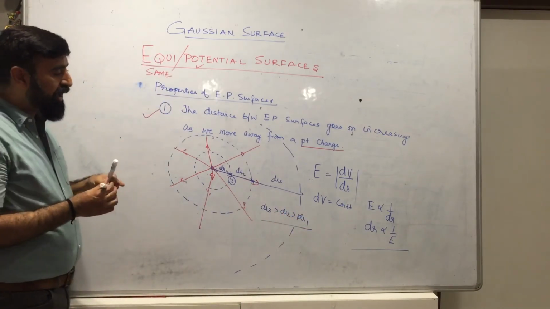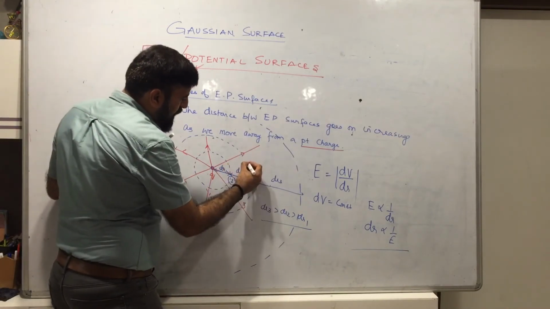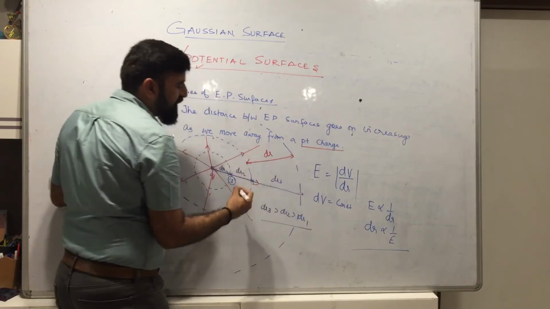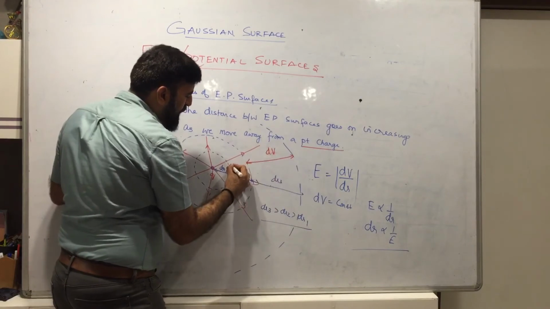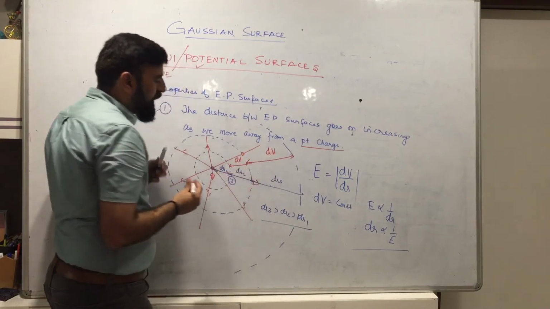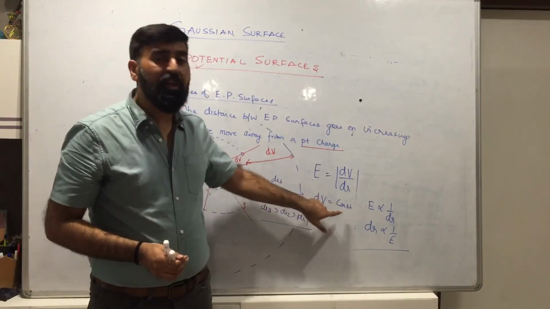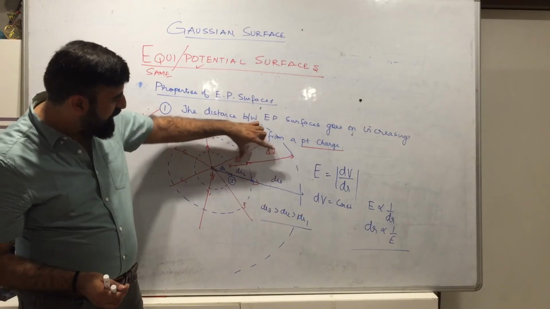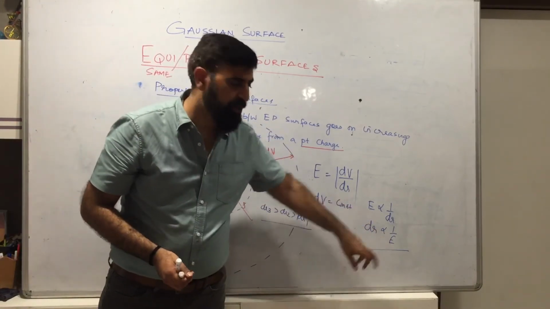But what I have to take care of is that the potential difference between these two surfaces, which is dV, is the same as the potential difference between these two surfaces. If I keep dV constant between EP surfaces, then dr is inversely proportional to E. Now what does that mean?